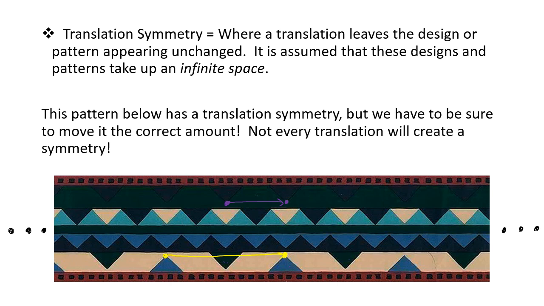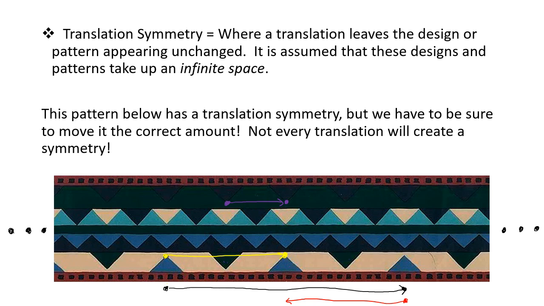This yellow vector, by the way, is not the only possible vector. I could also go from here all the way over to here. So I could move it 2 spots over, and that will create a translation. I could also, I'll switch to red, go from this point back, so I can go in either direction.